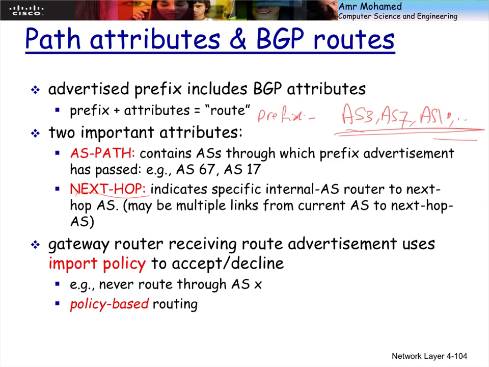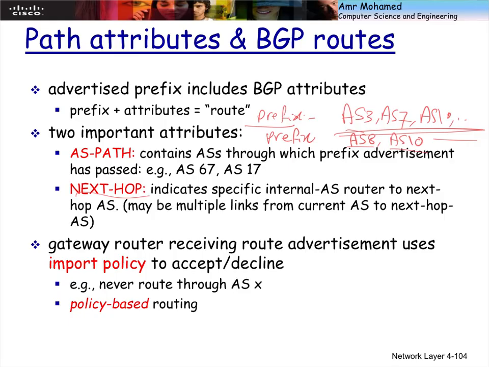For example, if I have reachability information to that prefix coming from two autonomous systems, one that has AS path AS8 and AS10, to the same prefix, the router will make a decision first and foremost based on the policy. So it will say, let me check my policy with every single autonomous system in this AS path.